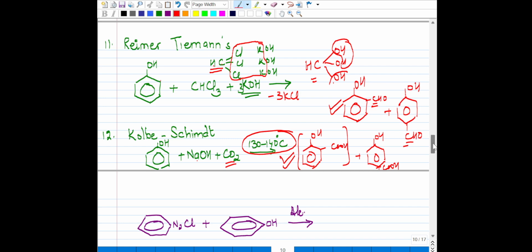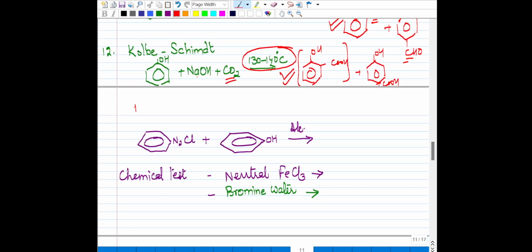Next we take up the phenol dye reactions, or you can say diazotization. So a dye is formed and the name of the reaction is coupling reaction, where with the help of benzene diazonium chloride, phenol combines to form a bright reddish orangish dye. So what will happen when we take benzene diazonium chloride and treat this with phenol? Phenol is ortho-para directing.